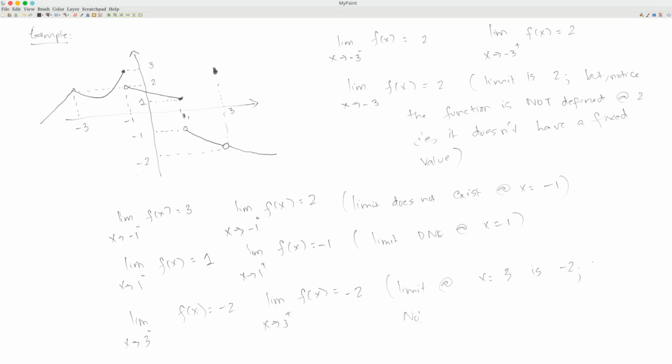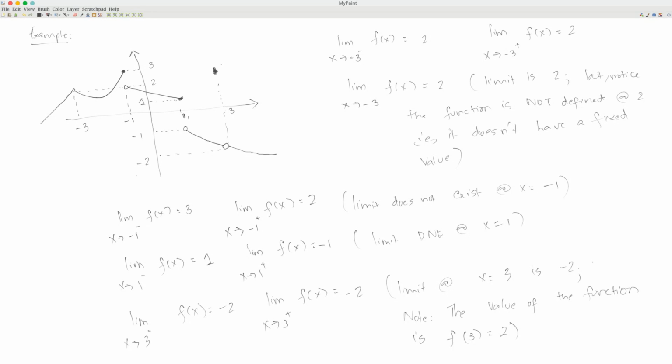But something to note here. Note the value of the function is positive 2. In other words, f of 3 is actually 2.